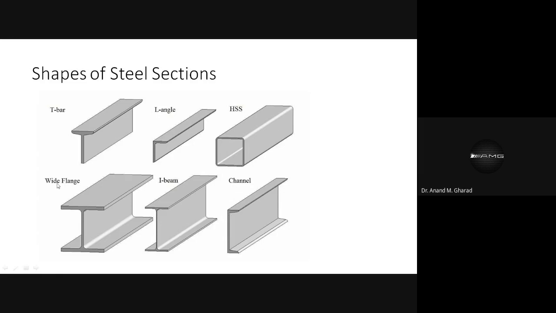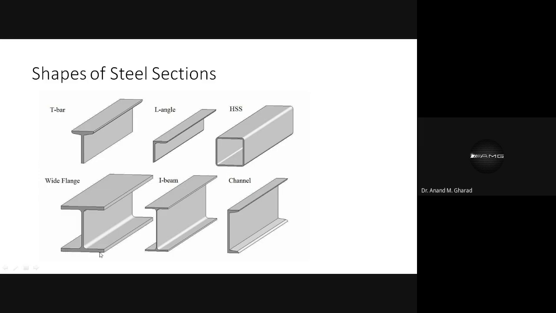Now let us discuss about this flange. So you can see there are different components as far as this section is concerned. What are these components? Let me tell you. This horizontal member, you can say horizontal thin plate, is known as flange.